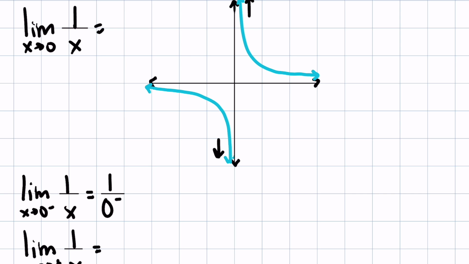Again, we have a constant over 0 that's going to give us plus or minus infinity. Because it's 0 from the left, this gives us negative infinity. Over here, we have 1 over 0 from the right, which, as we saw above, is positive infinity. So we have different limits from the left and from the right, so the two-sided limit does not exist.